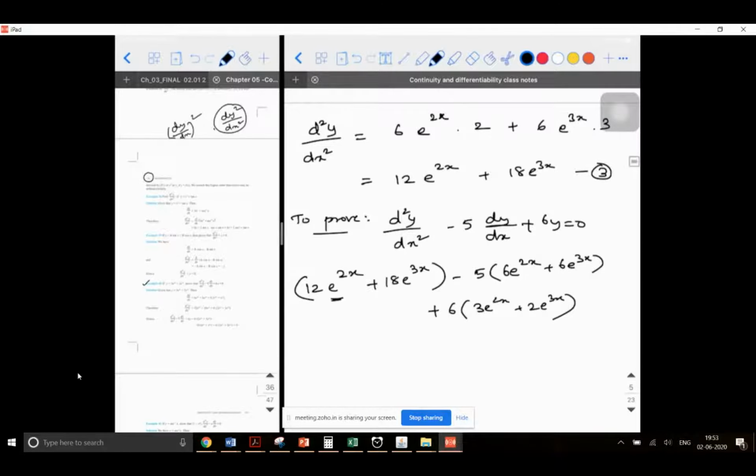So the e power 2x coefficients are 12, minus 5 and 18, right? So how much is it? Not minus 5, minus 30. So 12 minus 30 plus 18 into e power 2x plus 18 minus 30 plus 12 into e power 3x.